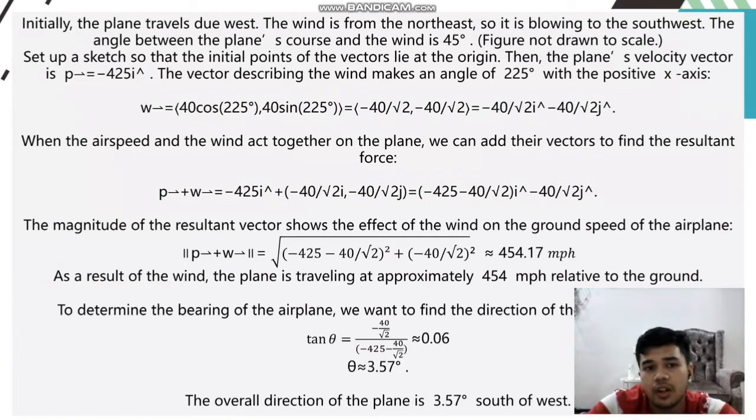Then, the magnitude of the resultant vector shows the effect of the wind on the ground speed of the airplane.